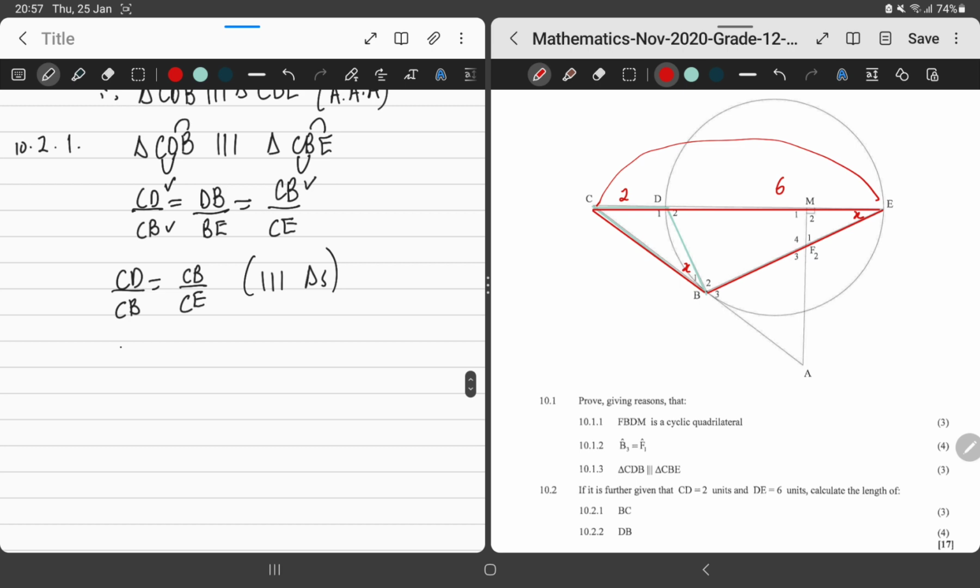CD, that's a 2. This is CB squared, which is equal to CD times CE. So CB is equal to CD, that's a 2, times 8. So that's a 16, so it's 4 units.